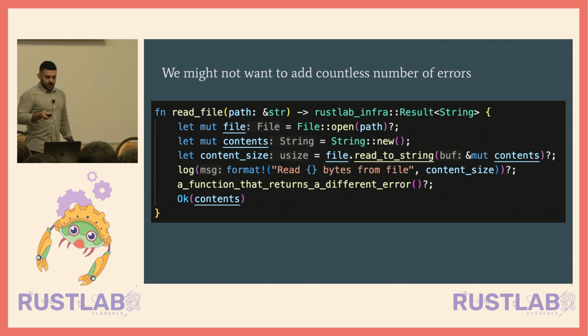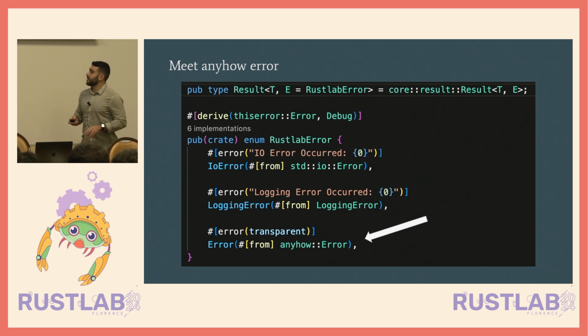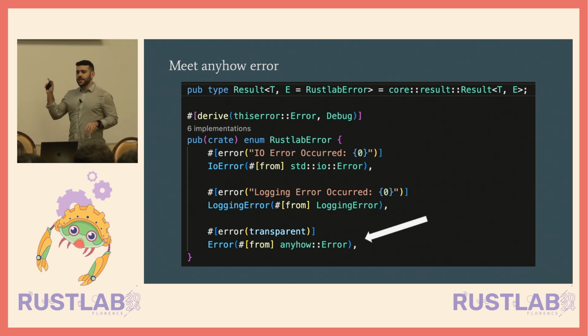What I can do in that case is convert this type of error to anyhow::Error, which is another amazing crate from the same creators of thiserror, by the way, that gives me a concrete type, a kind of catch-all type that all errors can be converted to. And now I have this general error variant that I can convert anyhow::Error to.